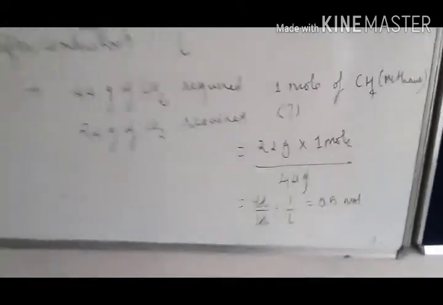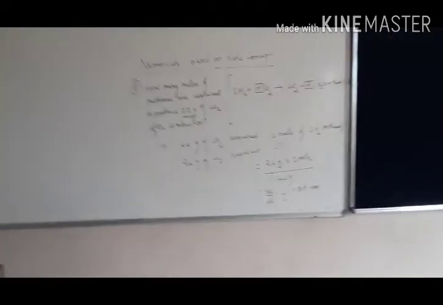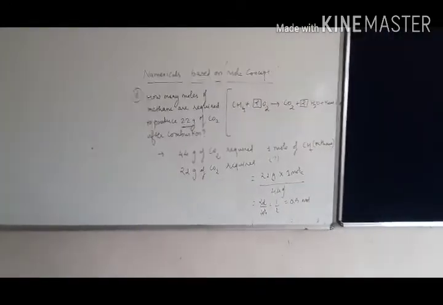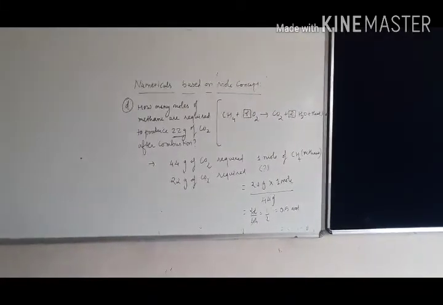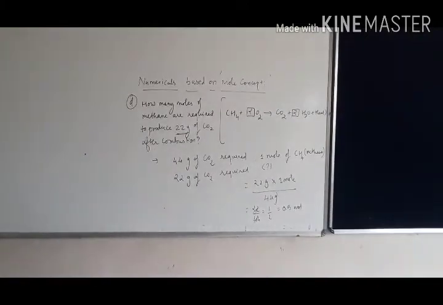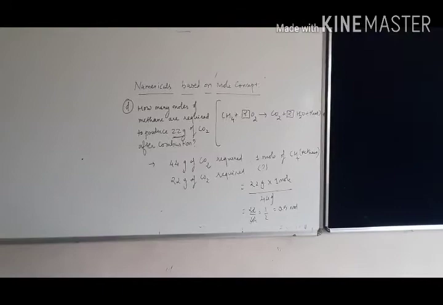That means 1 mole of methane is going to produce 44 gram of carbon dioxide. So 0.5 mole of methane is going to produce half the amount of carbon dioxide, that is 22 gram of carbon dioxide.